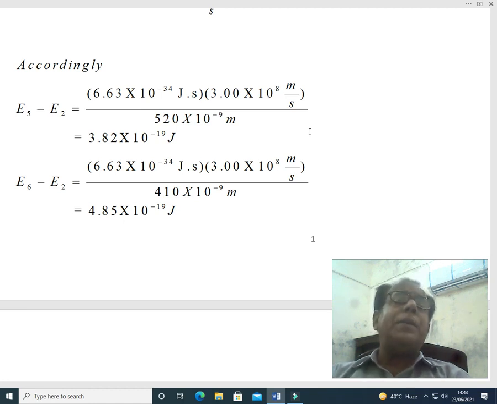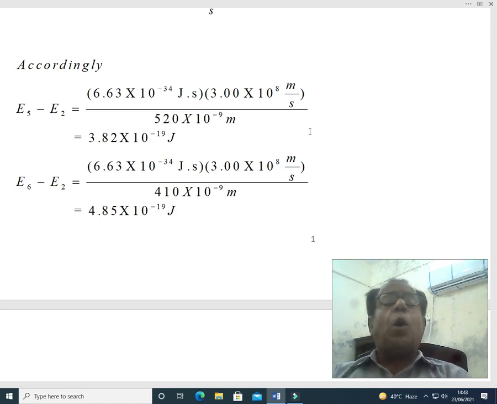Anyhow, first we come towards our first situation, that is E5 minus E2 is equal to value of h into value of c over given wavelength, which is 520 into 10 to power minus 9 meter, because it is 520 nanometer. And here, after simplification, E5 minus E2 becomes equal to 3.82 into 10 raised to the power minus 19 joule.